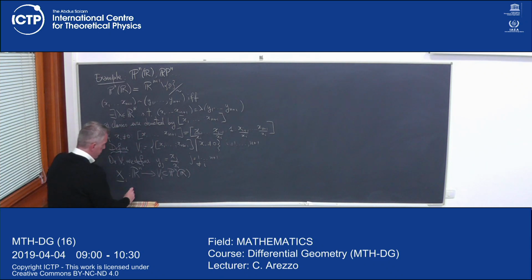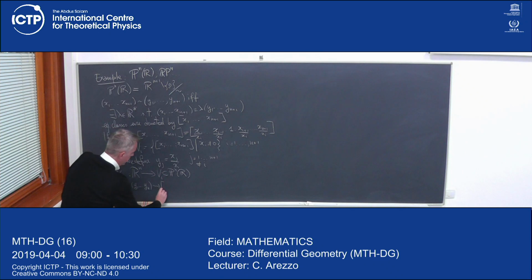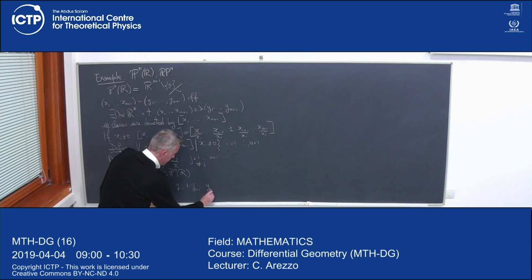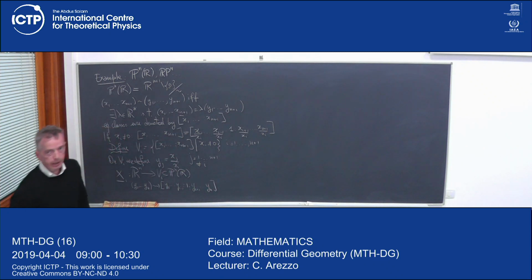I take (y1, ..., yn) and I go into V_i by taking (y1, ..., y_{i-1}, 1, y_i, ..., yn). Sometimes these are commas, sometimes double dots; it's really up to you to decide how to indicate this.